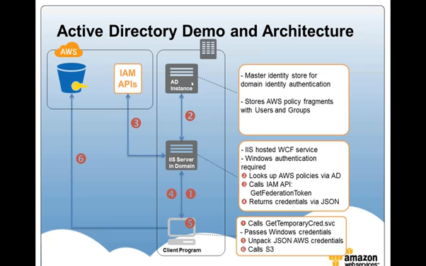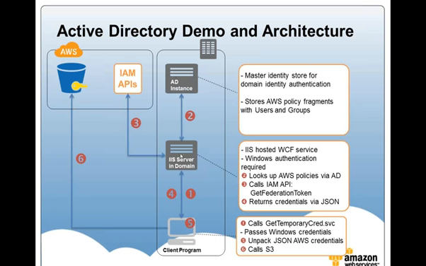I chose in this particular demo to show how you can put those policies specifically into Active Directory. So with just group membership, adding people and removing people from an Active Directory group, you can enable AWS access. I'm going to show how that works in just a minute. But the IIS server and the WCF service needs to grab that policy information. So it reaches out to AD.